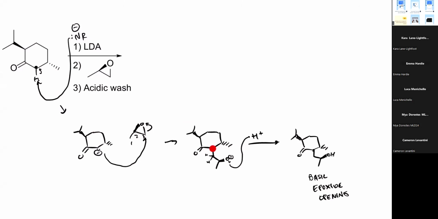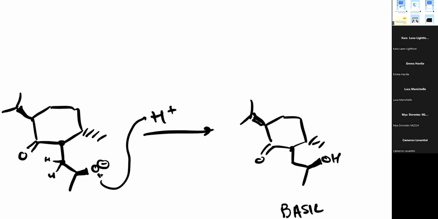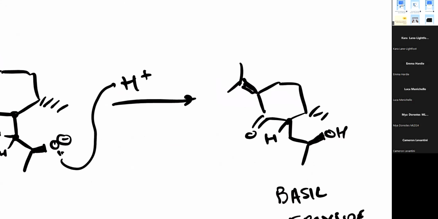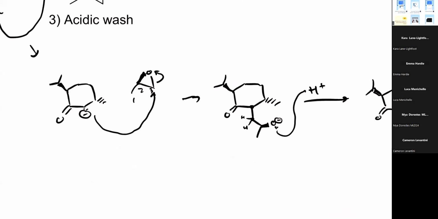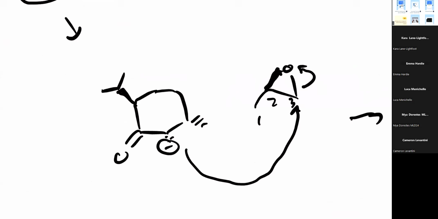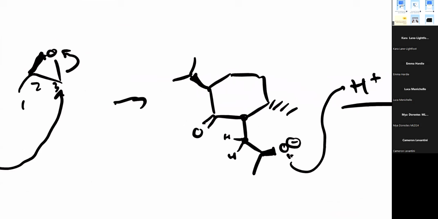Why could it be a stereo center if it's only bonded to 3 things with a negative charge? Oh, it forms it after. Okay, I misunderstood what was meant. Yes, you're right. This is not a stereo center where it's negatively charged, but as soon as it adds that other carbon, it's a stereo center. Good question.